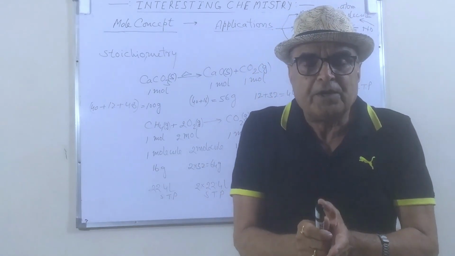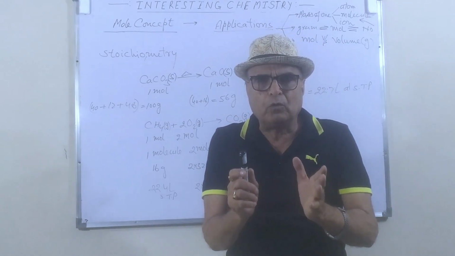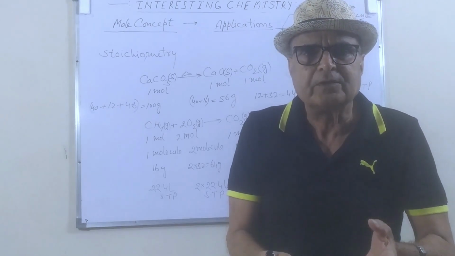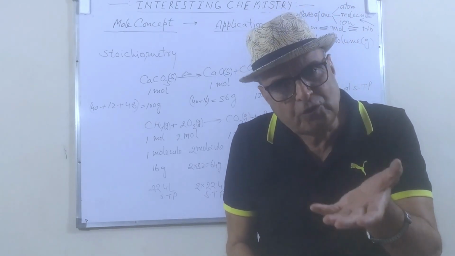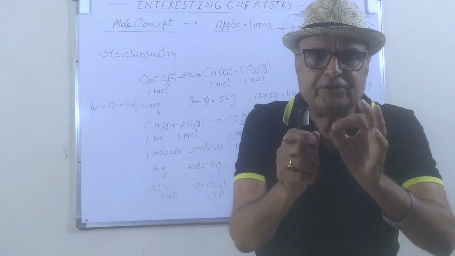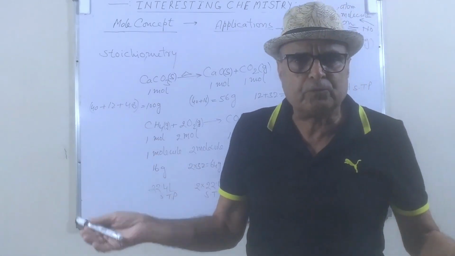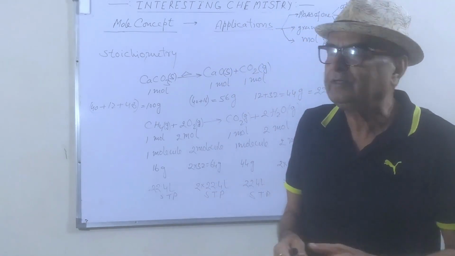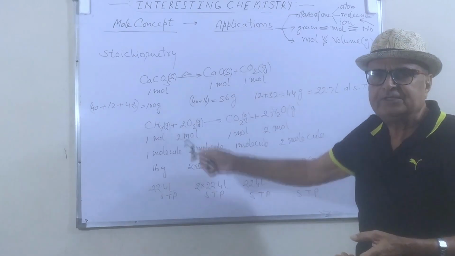The best source of information about a chemical reaction is the chemical equation. So first of all, to calculate the amount of reactants and products, we write the balanced equation. I have taken the example here.